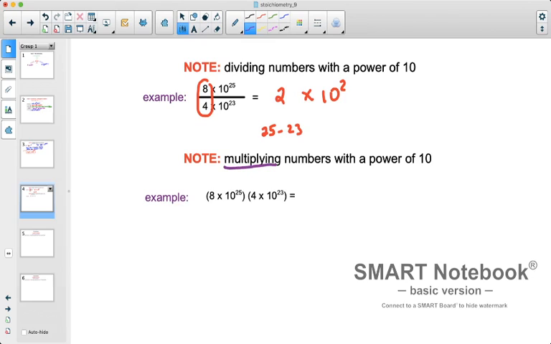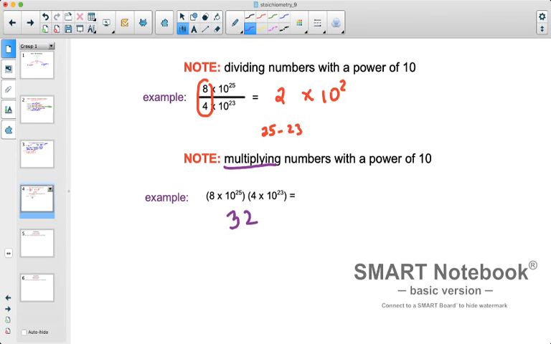When we have to multiply numbers with the power of 10, it's going to be slightly different. In this case, what I'm going to have to do is multiply first. So I can multiply the base numbers. 8 times 4 ends up being really just the number 32. That part's easy. But now it's the powers of 10 that I have to watch.